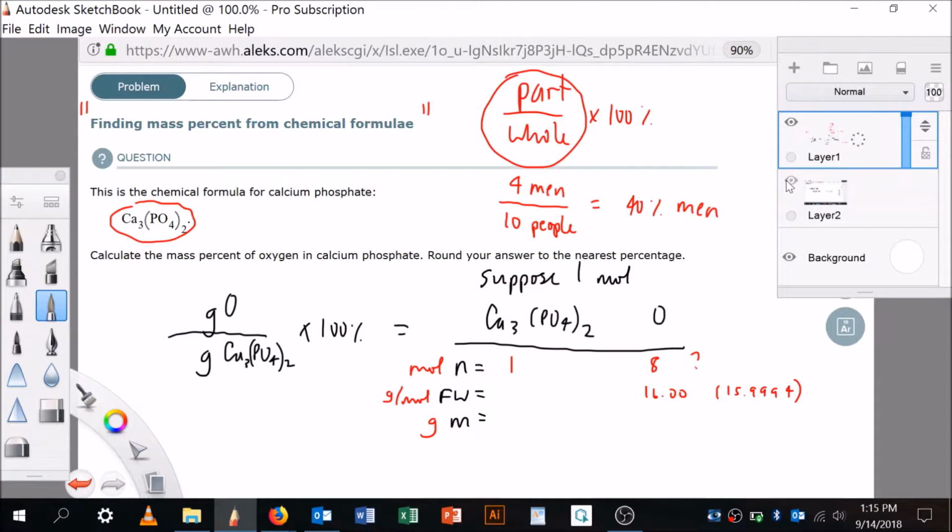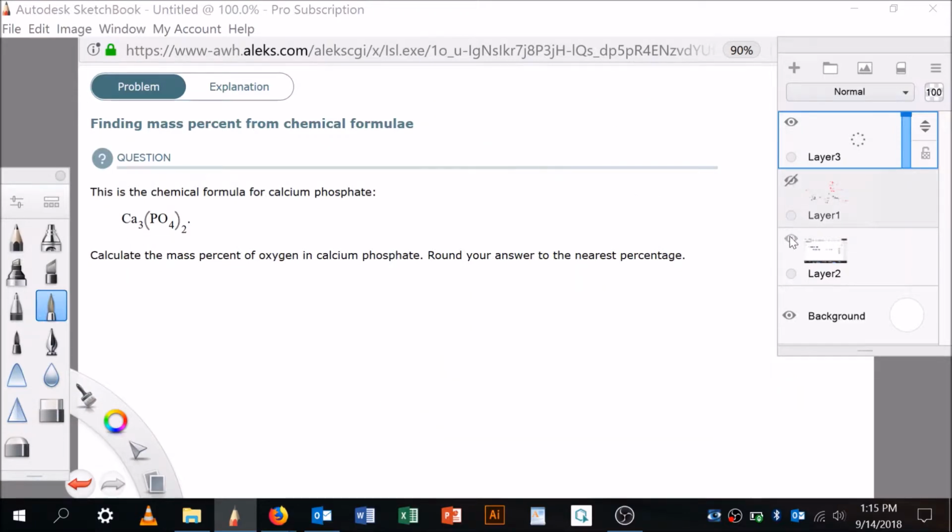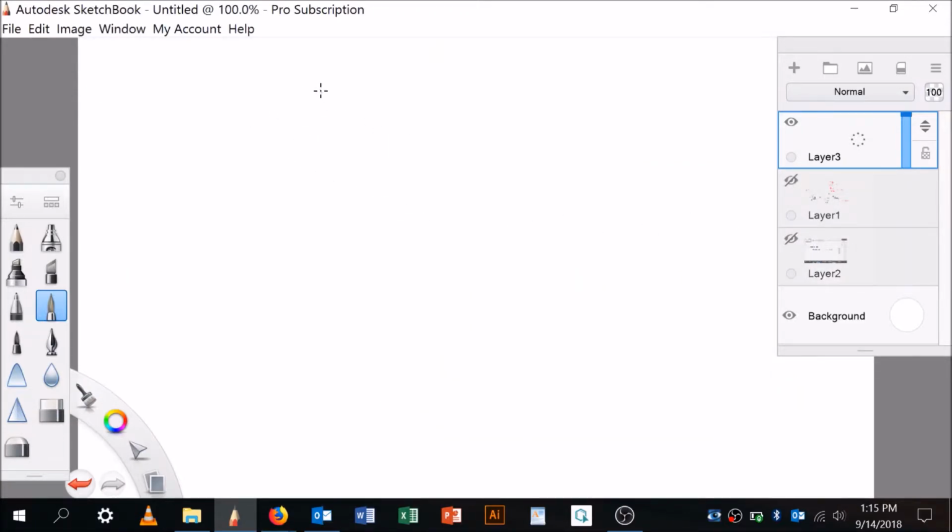I'm going to need a new layer here because calcium phosphate's a big one. So calcium 3 phosphate: 3 times calcium plus 2 times phosphorus plus 8 times oxygen.